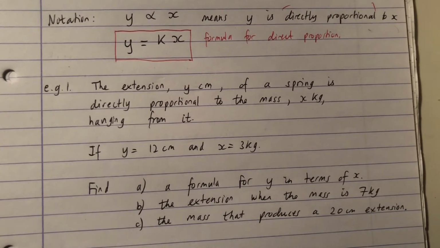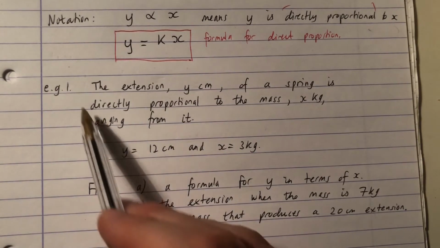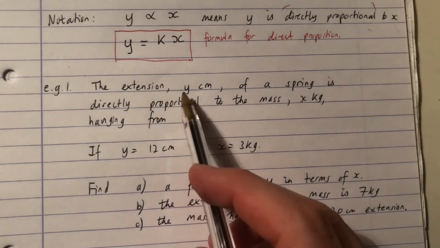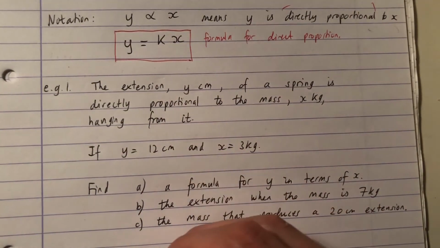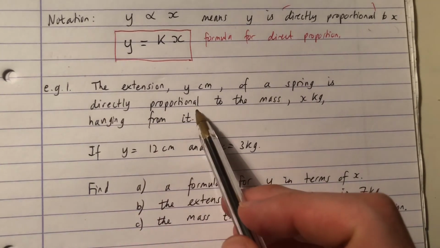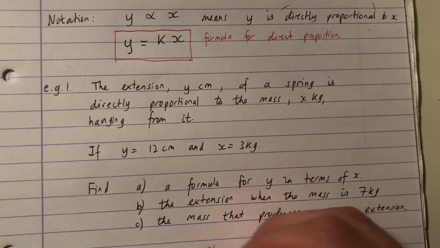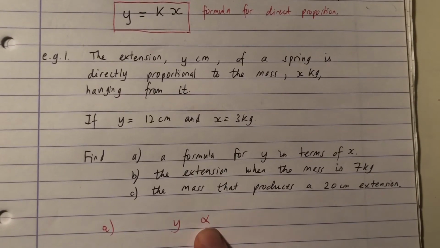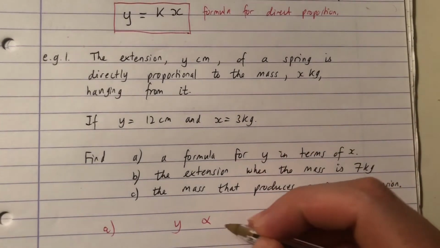So the first thing you've got to do is rewrite this entire question in mathematical symbols. So extension y is directly proportional, this symbol, y directly proportional to x.